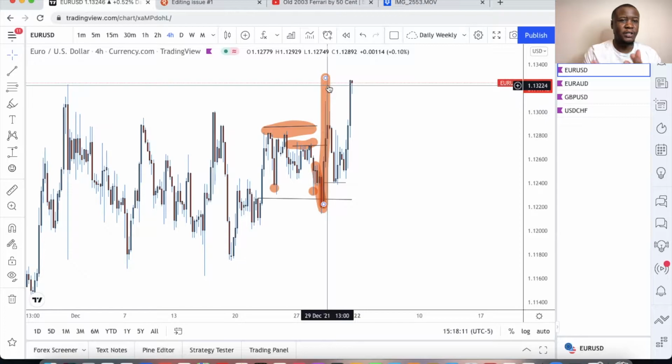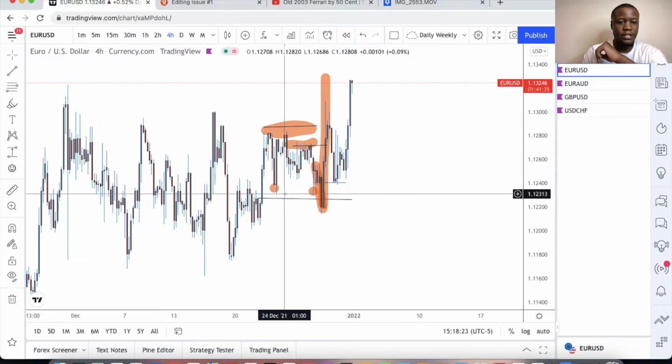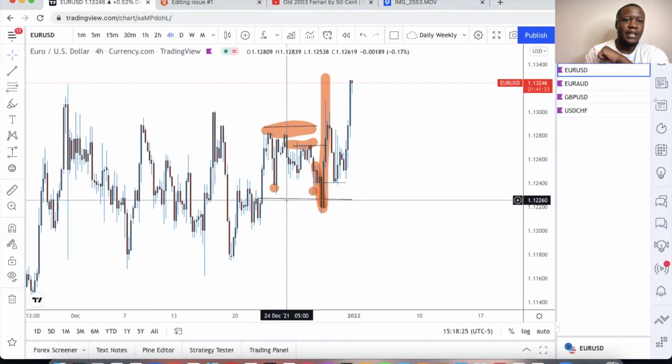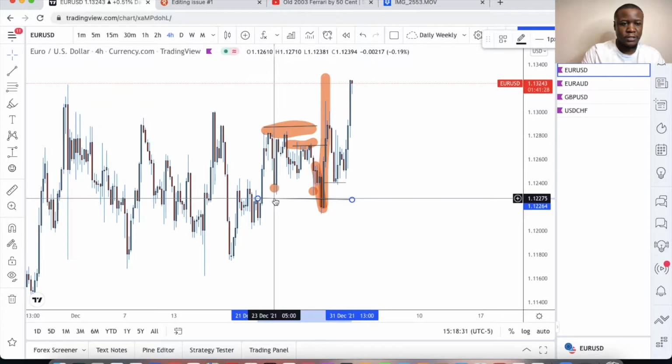So you're pretty much waiting for the last confluence, which comes at the time of day, which is between the London sessions. So you set a buy limit at the key level, not exactly at the key level. You want to round it up a bit.